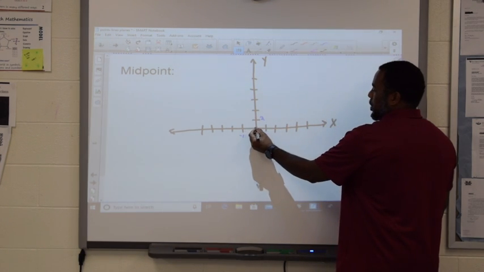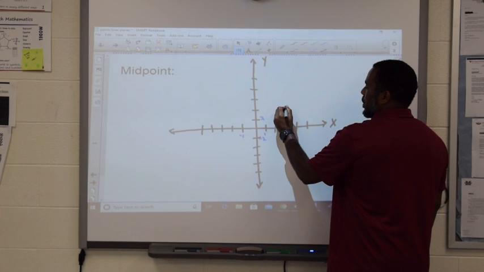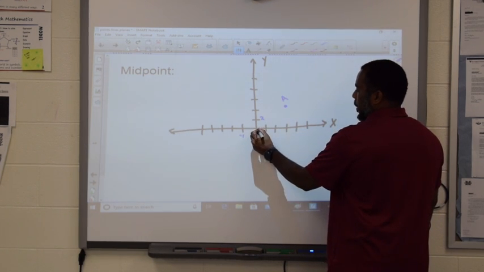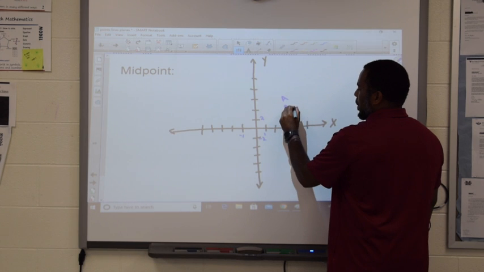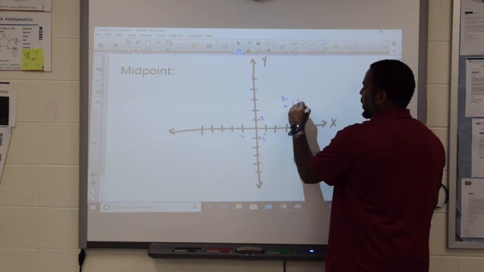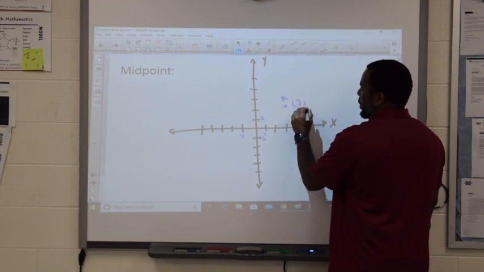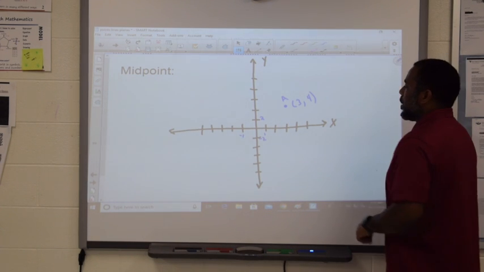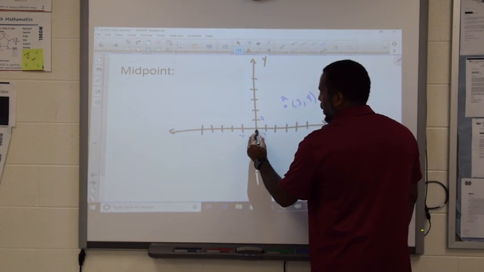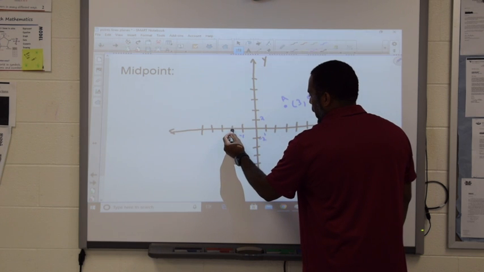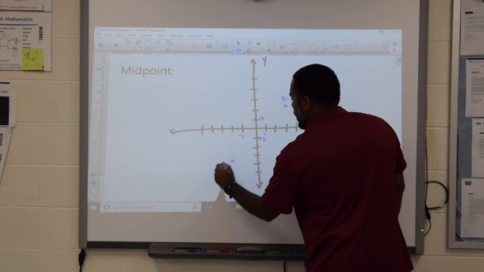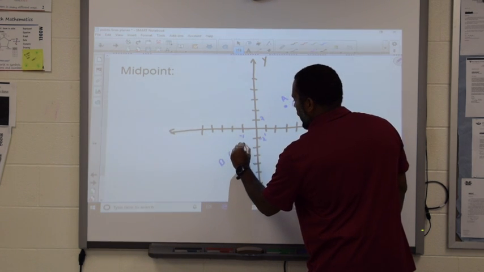So a point on this plane, let's call this point A. This point would be at 3, 4: X is first, 3, then up to 4. We could also look at another point, say B here at -2, 6.